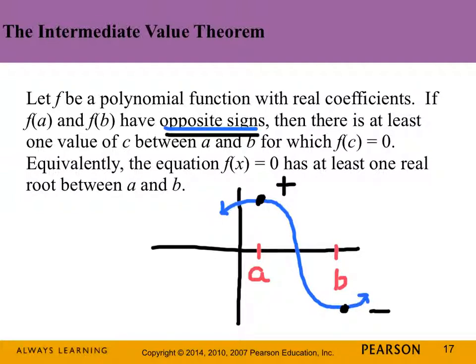We definitely have opposite signs there between f of a and f of b. So that means there's somewhere in here where there's a c. That's what they're talking about. And f of c equals 0. So we could say c is a root, but we could also say that c is the x-intercept. Okay, so that's what we use the intermediate value theorem for.